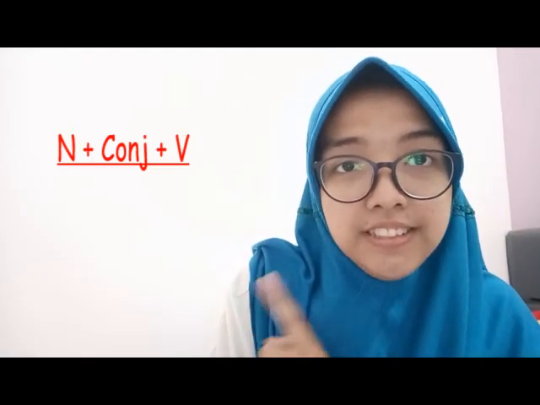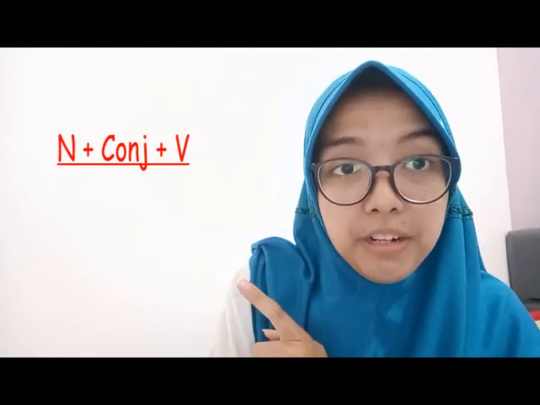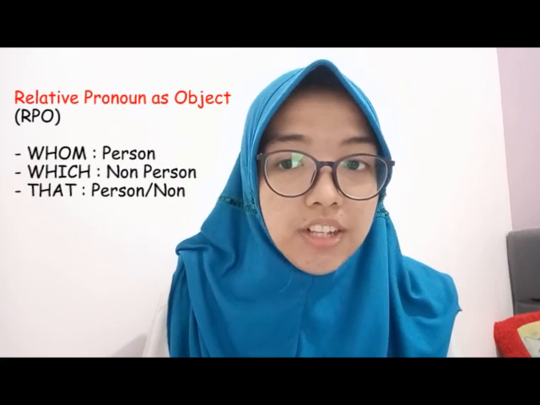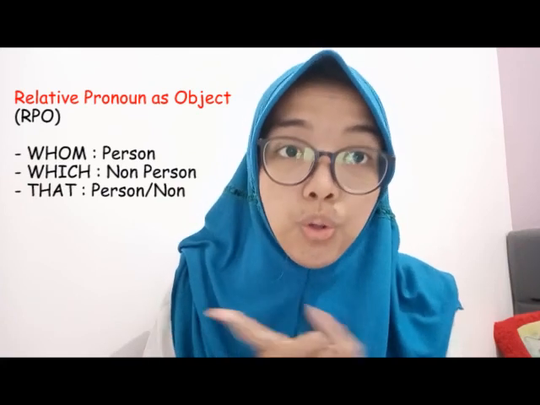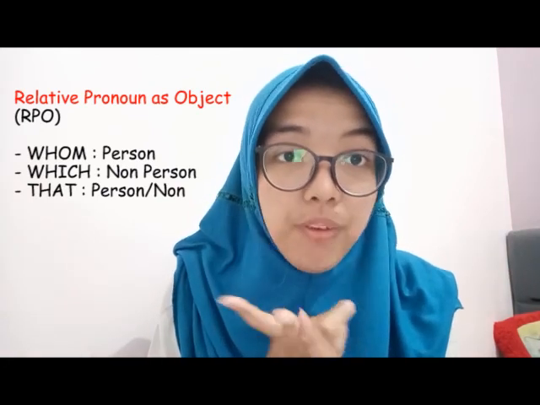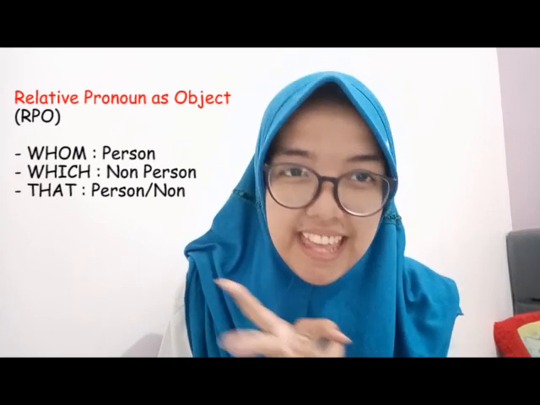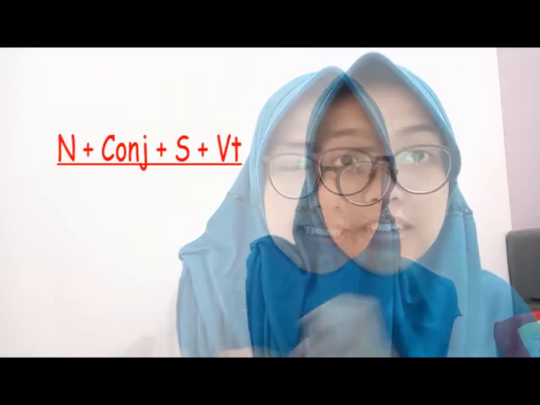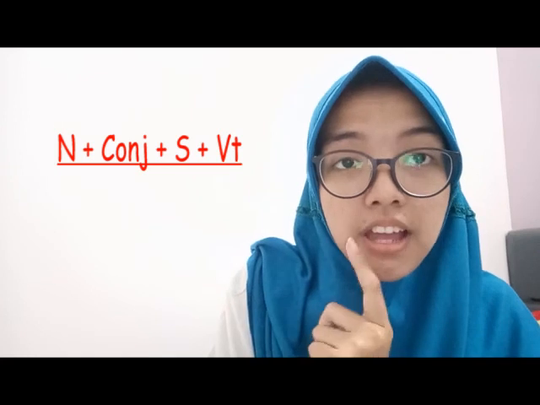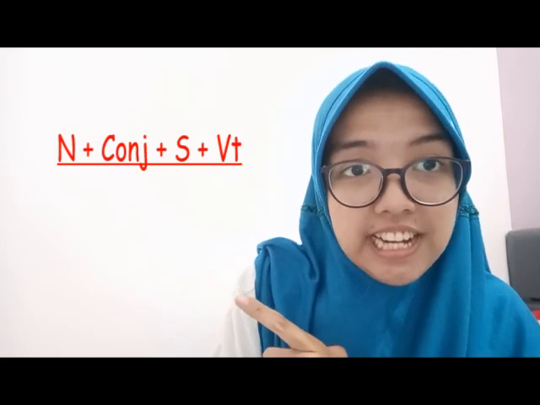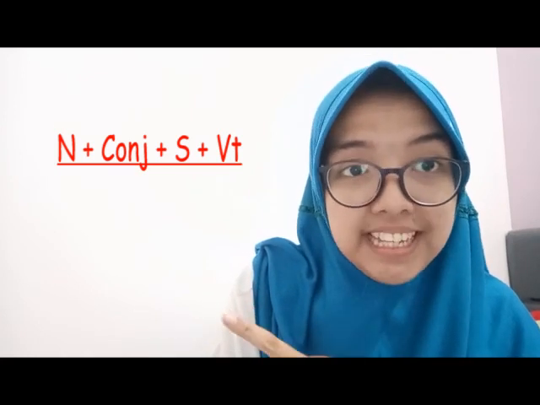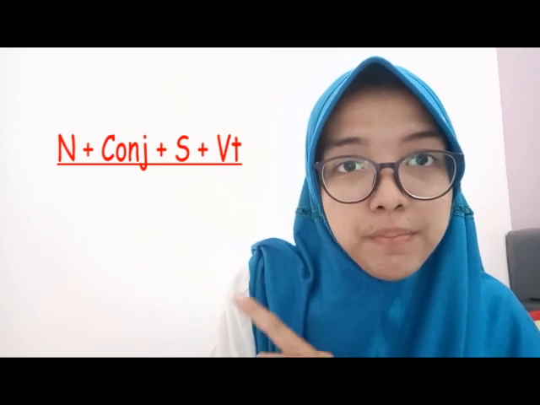The formula is noun plus conjunction plus verb. Next, relative pronoun as object, or RPO, consists of conjunction whom for person, which for non-person, and that for person or non-person. The formula is noun plus conjunction plus subject plus transitive verb.